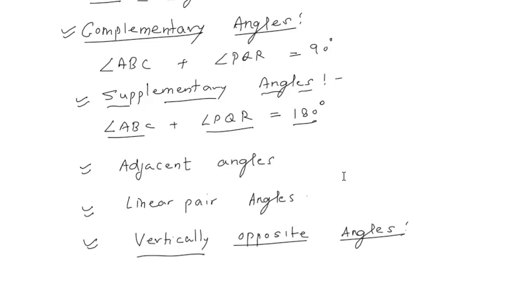We have understood what we mean by adjacent angles, linear pair angles, vertically opposite angles, what non-parallel lines and parallel lines are, that is intersecting lines and non-intersecting lines, and what the different pairs of angles are, like complementary angles, supplementary angles, angles in linear pair, adjacent angles, vertically opposite angles, etc.